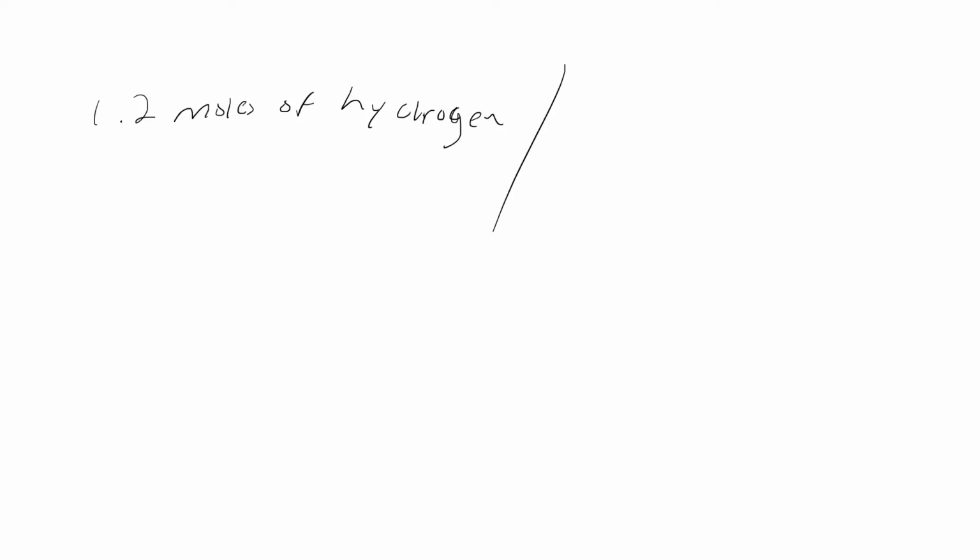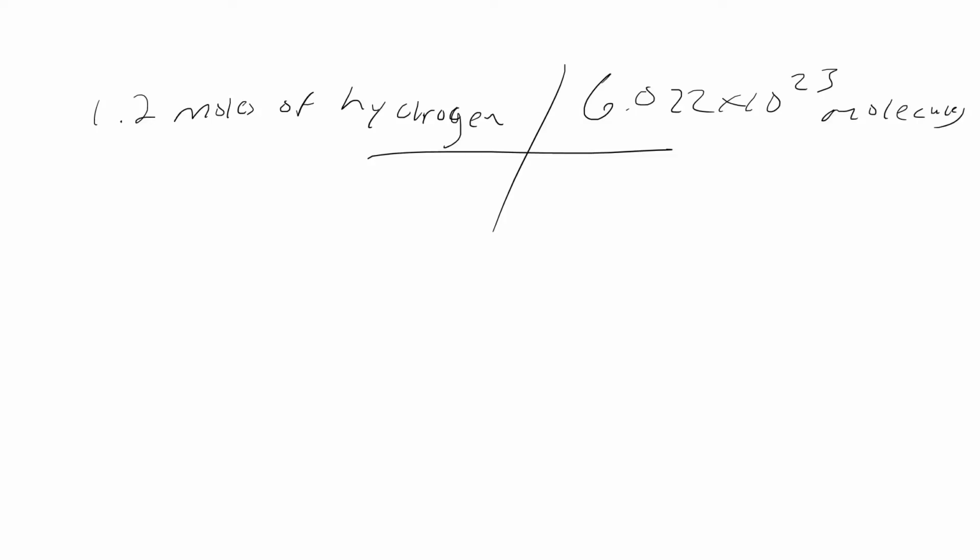times Avogadro's number in this instance, so 6.022 times 10 to the 23 molecules over 1 mole. Moles cross out.